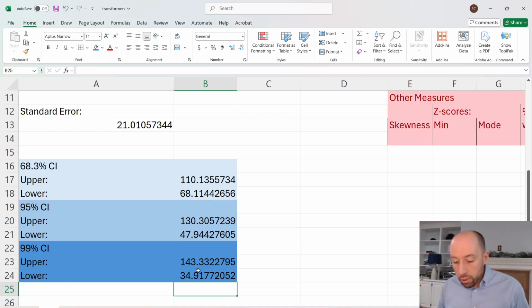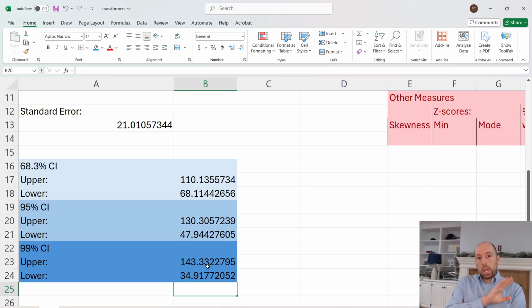So I'm 95% confident that the true population average is between 48 and 130, and I'm 99% confident that the true population average is between 35 and 143. I can make a confidence interval of any size, and I can make a statement regarding where the population average could be.